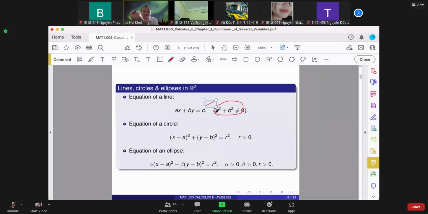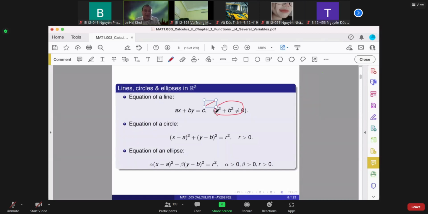Because if both a and b are 0, it is meaningless: if c is non-zero, you don't have any point. If c is 0, you have every point of the plane and nothing to work on, right?